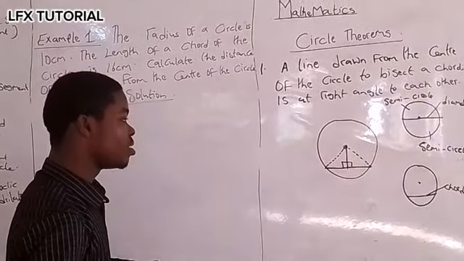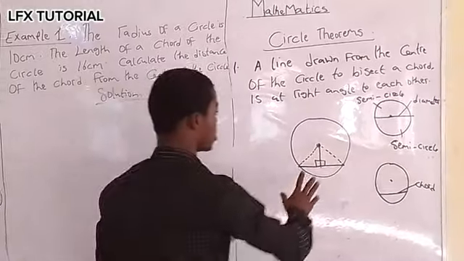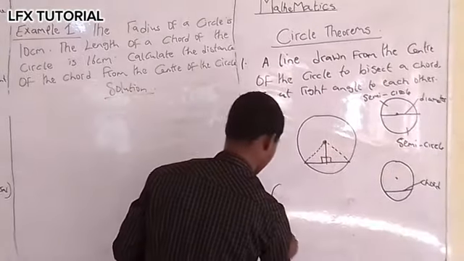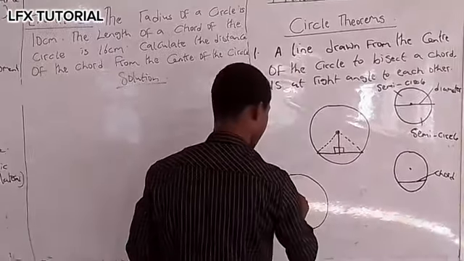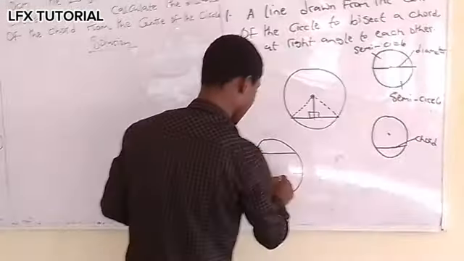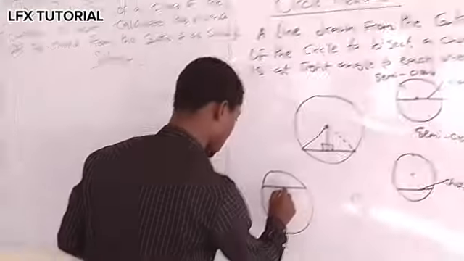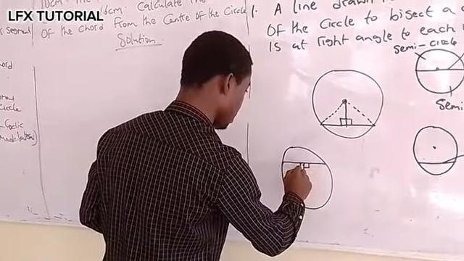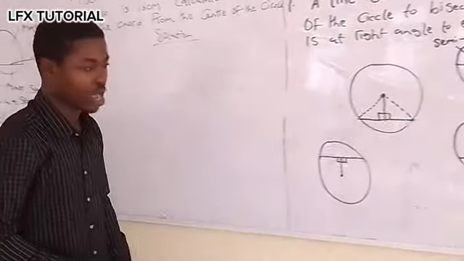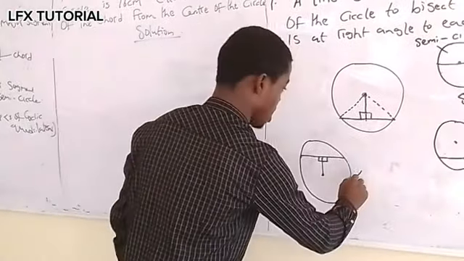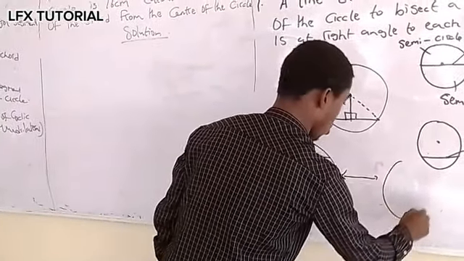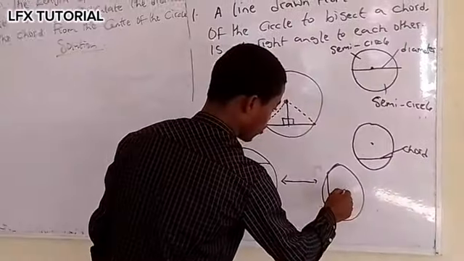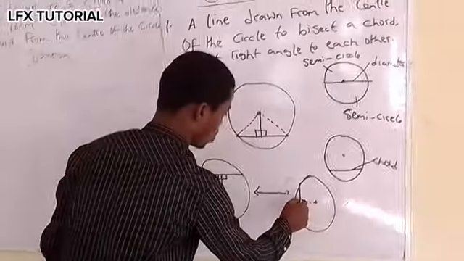Please don't forget that it's not all the time you see something like this. The question might look like this. You might have a circle like this, and then the chord is up like this, and this is the center of the circle. So it means this and this are perpendicular to each other. And you might see something like this again. You might see a circle, and in this circle you might see a chord, and then there's a line that comes from the center that bisects this chord.